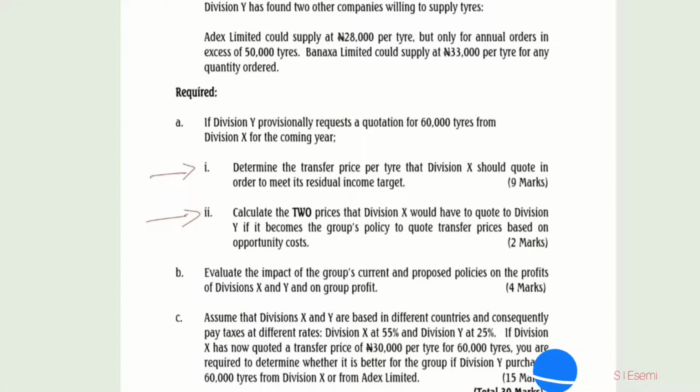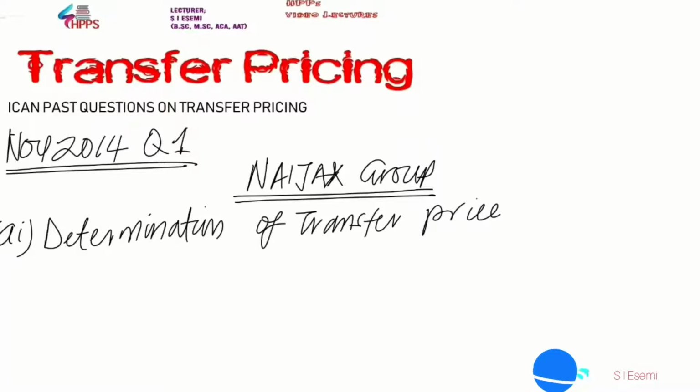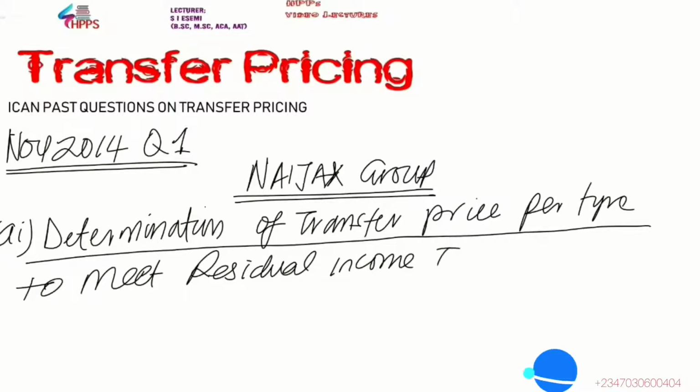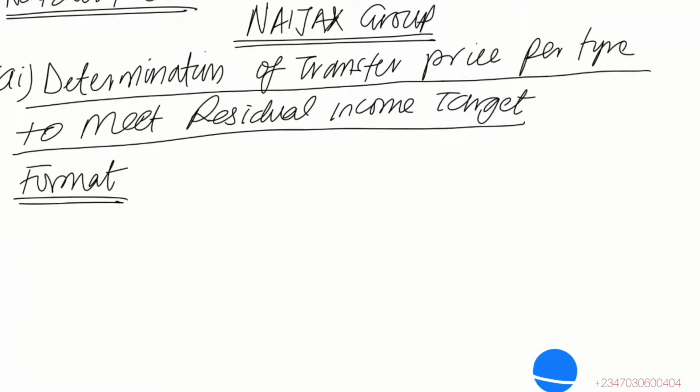Now, to calculate the transfer price per tire that should be quoted for the residual income target to be met, we have a formula we have to use, and that formula is simply taking your fixed cost plus your return on investment plus your residual income, and then subtracting the contribution from external sales, and then adding that to the variable cost.